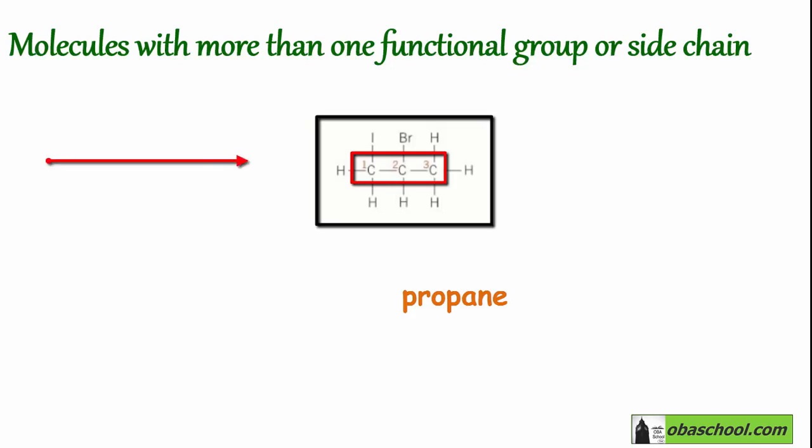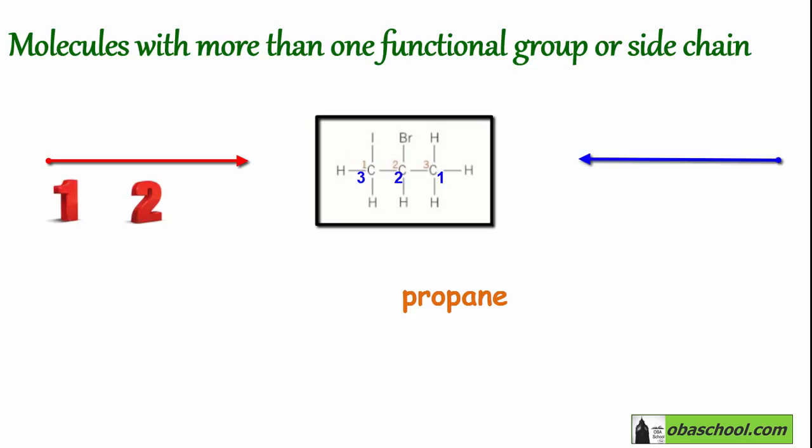Numbering in this direction will give the numbers 1 and 2, whereas if we numbered in the opposite direction, the positions of the functional groups will be 2 and 3. So between 1 and 2 and 2 and 3, we will choose the least numbers, which are 1 and 2.